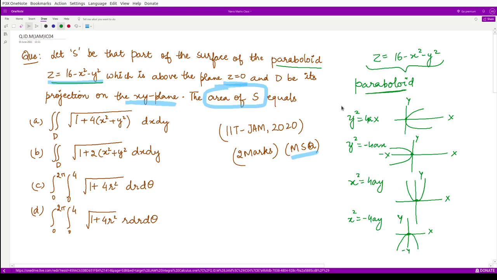Now I am relating this thing with that of this paraboloid. Now in the equation x square plus y square is equal to z, whenever you have the degree of x as 1, the direction is towards x. Say the degree of y is 1, so its direction is in the y direction, and moreover according to the signs plus and minus, this direction is reversed, right?